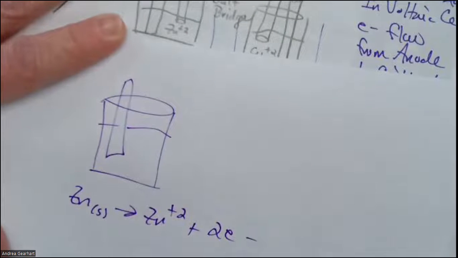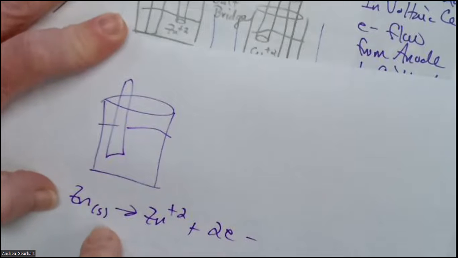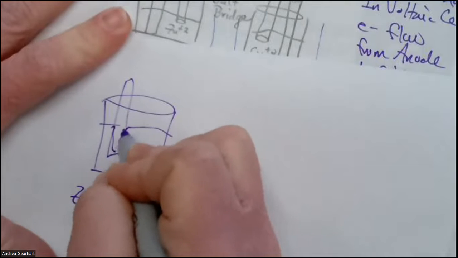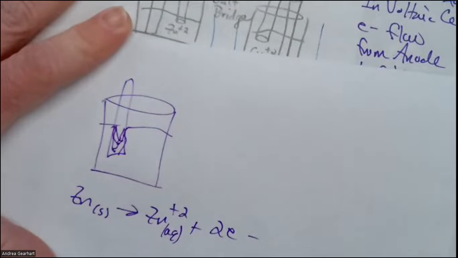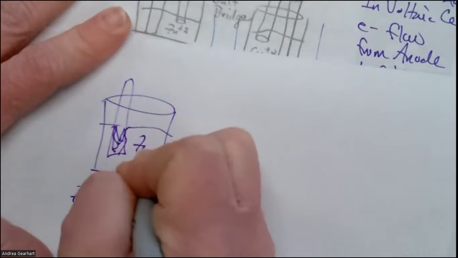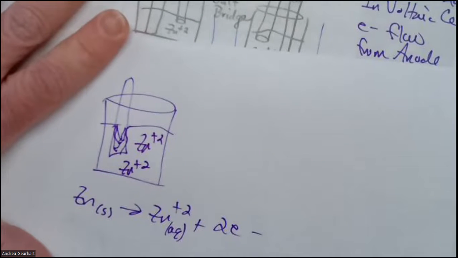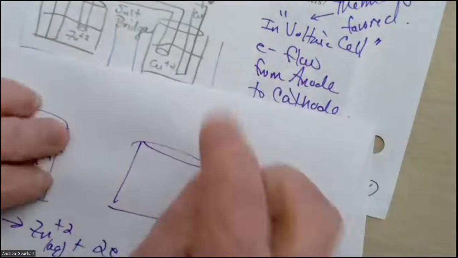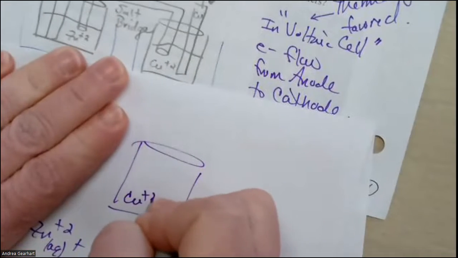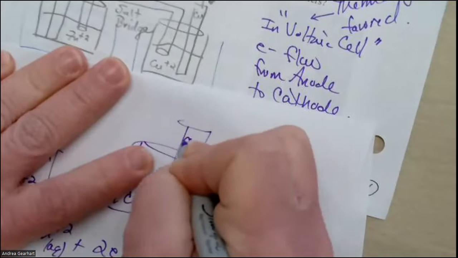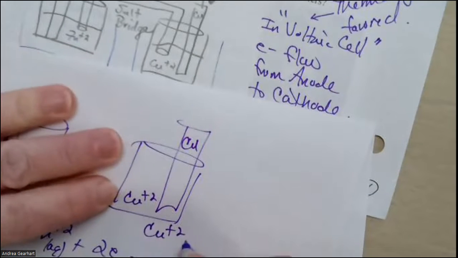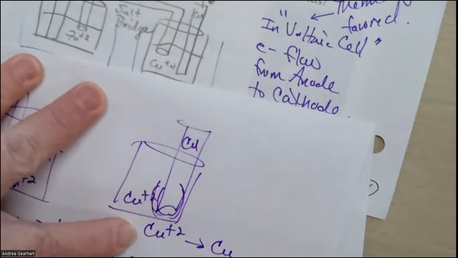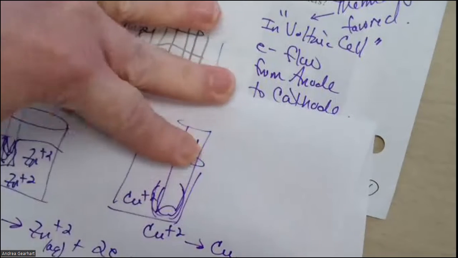So as the reaction is going, solid is becoming a soluble ion. So we are losing zinc solid and we are gaining zinc ion. And then the opposite here. Here in the cathode, the copper is accepting the electrons that are coming in, and it is forming more copper. We're losing the copper ion, forming more copper solid.